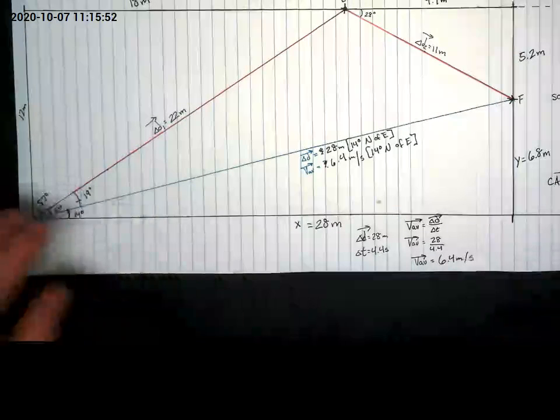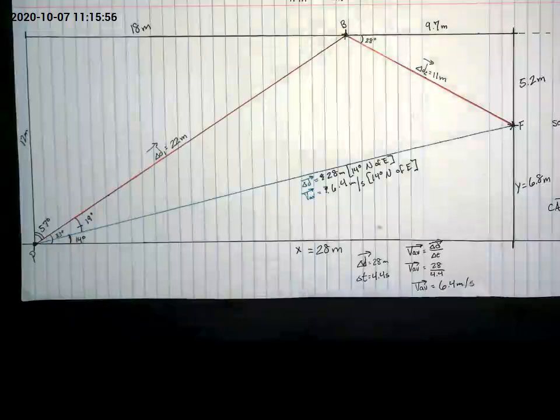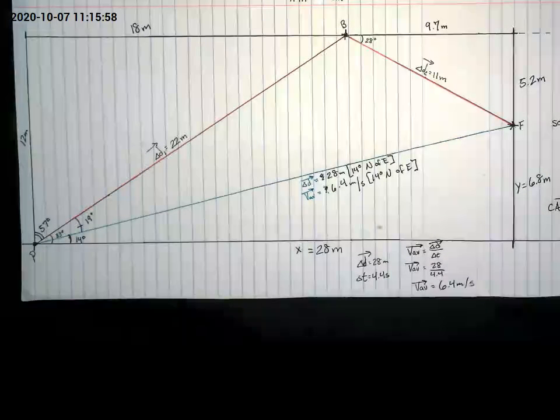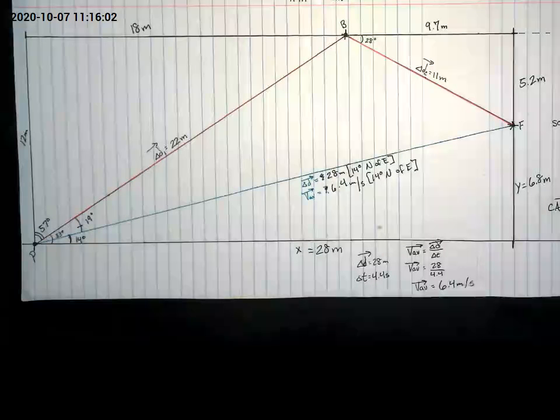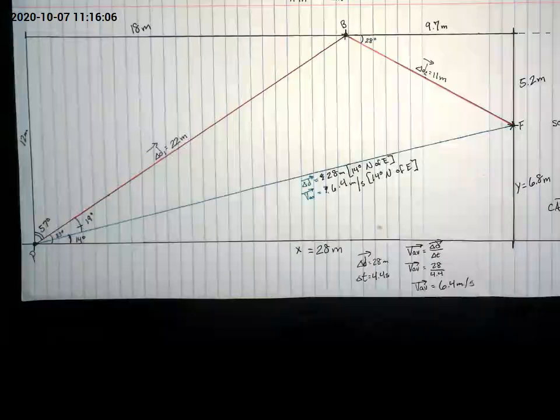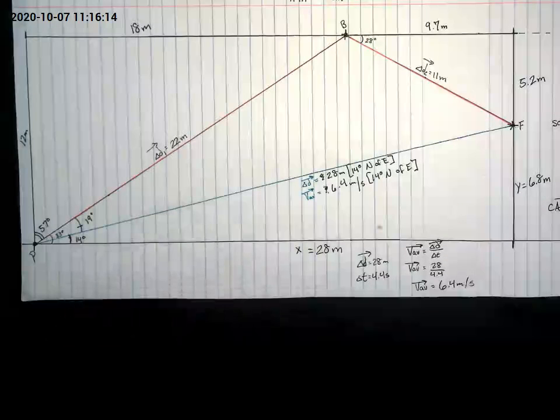Now, why is it that we got 28 meters instead of 29? And not like 28.5, we got 28.1 meters. How did we get 28.1 meters? What it boils down to is the fact that we had to keep sig figs.